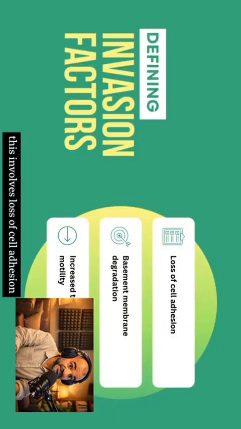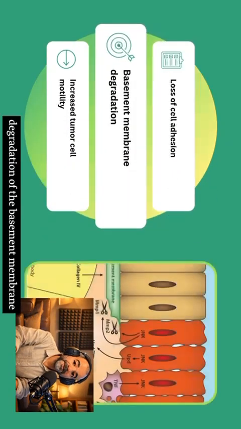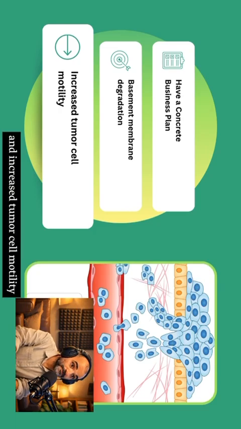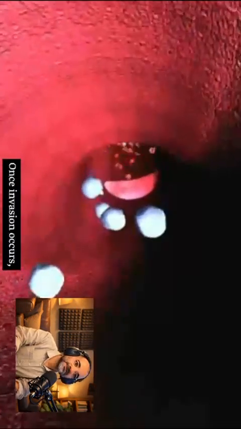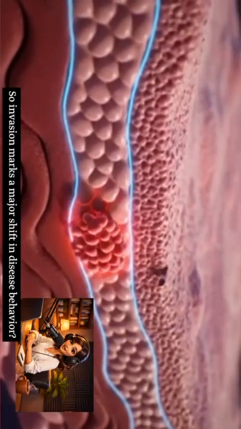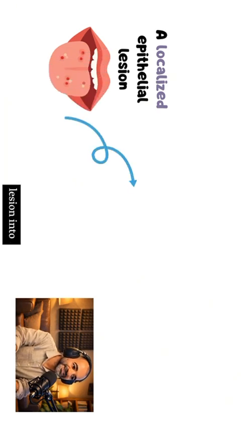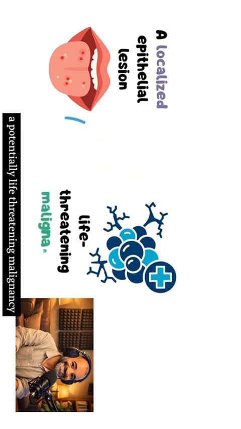This involves loss of cell adhesion, degradation of the basement membrane by matrix metalloproteinases, and increased tumor cell motility. Once invasion occurs, the tumor can access blood and lymphatic vessels, enabling metastasis. So invasion marks a major shift in disease behavior. Absolutely, it transforms a localized epithelial lesion into a potentially life-threatening malignancy.